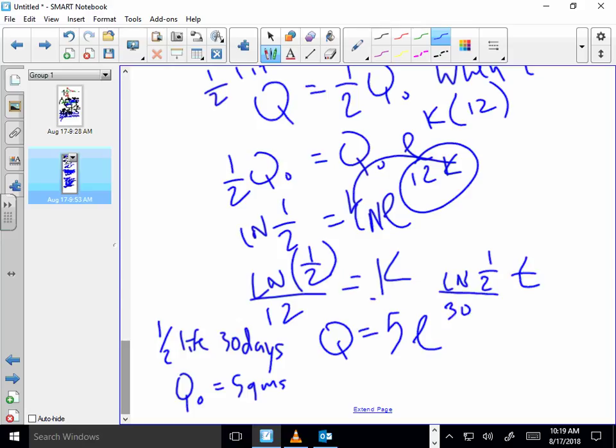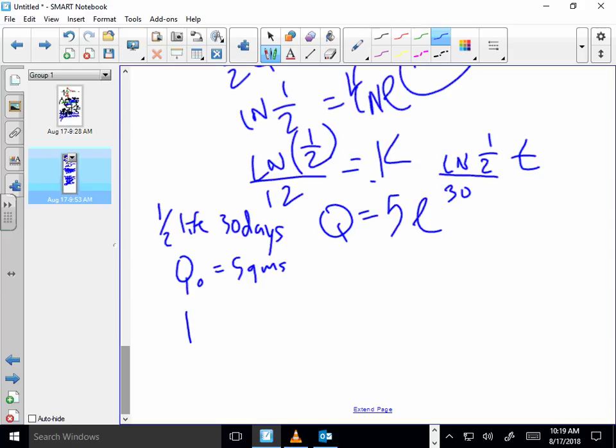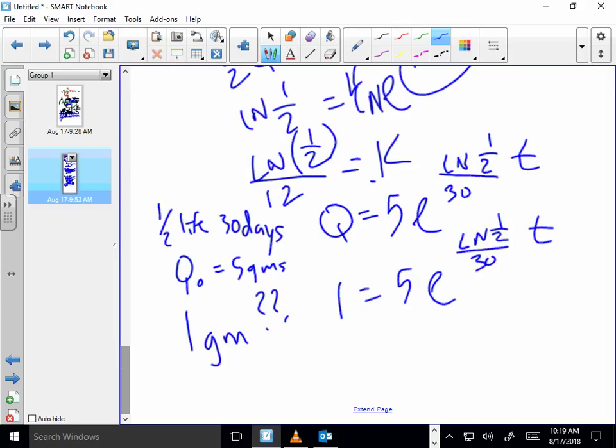And now I can answer a question like, when will I have 1 gram? Will I put a 1 in here or 1 in here? Q, quantity. So 1 equals 5e to the ln of a half over 30t. Remember, don't round in this class, especially these R or K values. Run them out to 9 places.